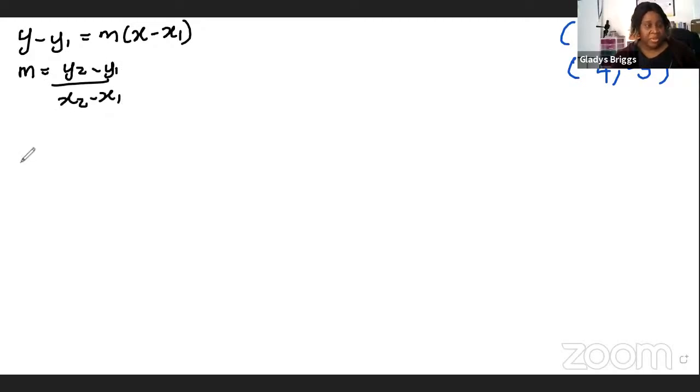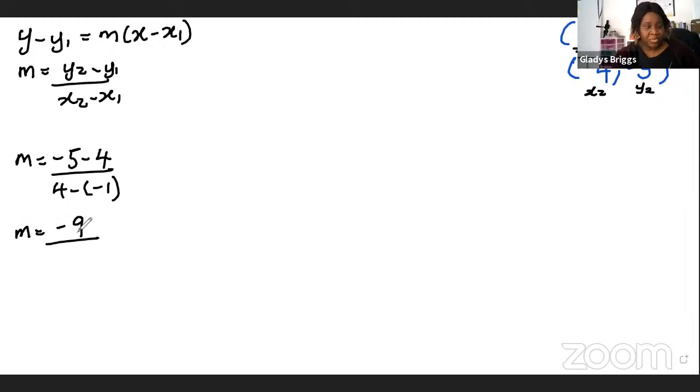Yeah, and we got m to be -5 minus 4 for y2 minus y1, over x2 minus x1, which is 4 minus -1. And this gave m to be equal to -9 over 4 plus 1 is 5.